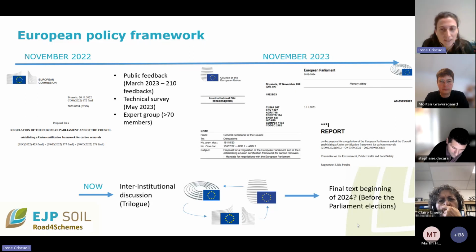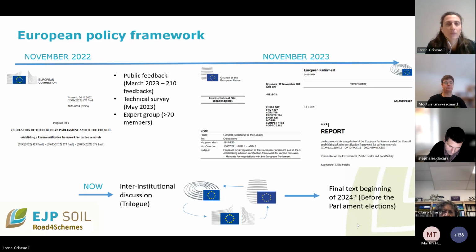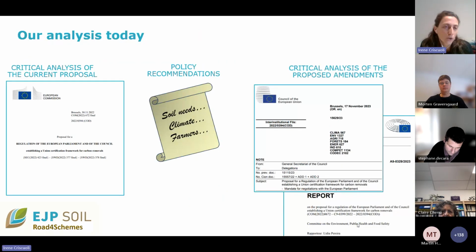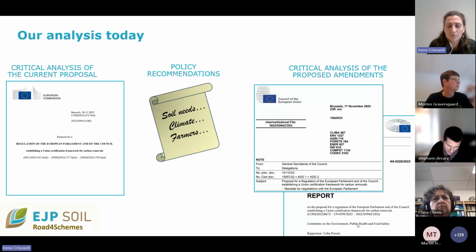So maybe we will have a final text released at the beginning of 2024, because in June there will be the elections of the Parliament at the European level, so we have to release this text before that date. Today we will go through the regulation, propose some policy recommendations, and then see if these recommendations have already been included in the new amended texts proposed by the Council and the Parliament.